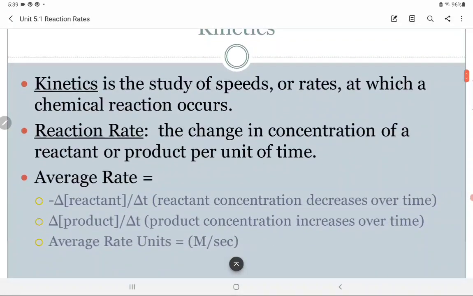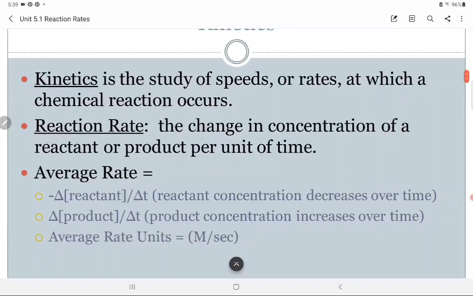So there is a definition. Rates, we could call that speed. Rate is anything that's measured over a period of time. It will typically be molarity, so these will be solutions generally, but they don't have to be.